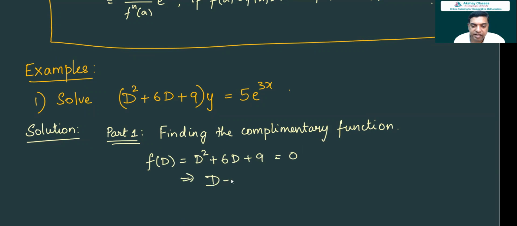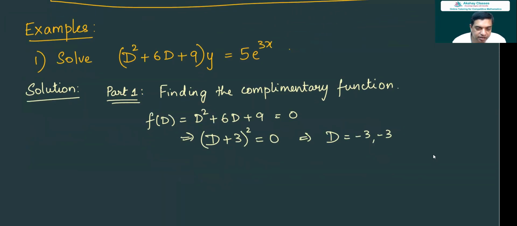This is (D + 3)² = 0, which implies they are repeated roots. They are real and equal roots.